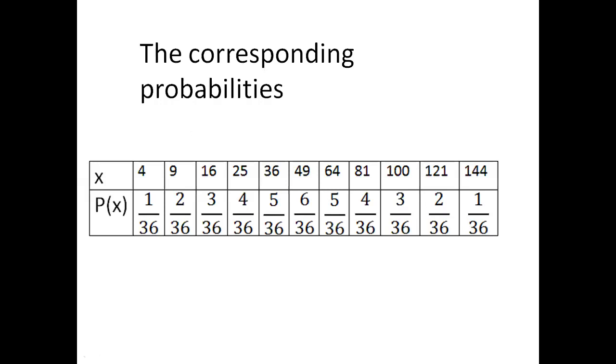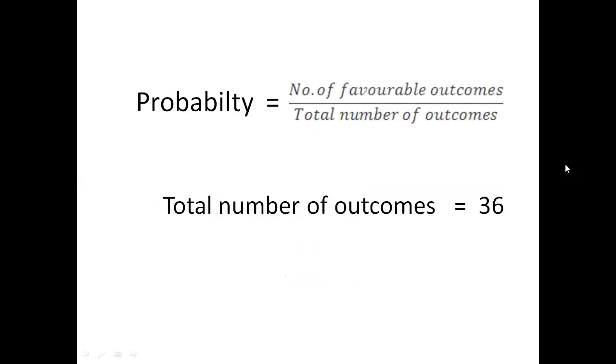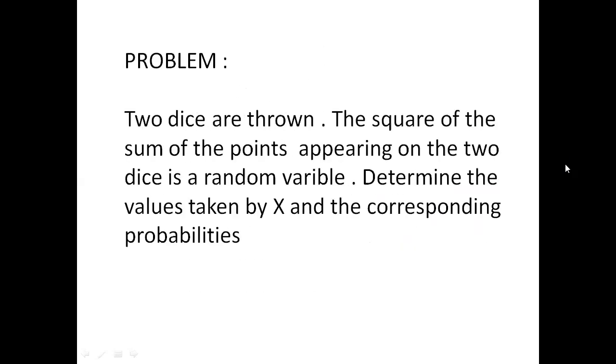Suppose you have any doubt whether the problem is right or wrong, at that time calculate here. By summing all the probabilities, we must get 1. Then only is the problem correct. So in this way, based on the random variable definition and the probability formula, we calculate the corresponding probabilities. Thank you.